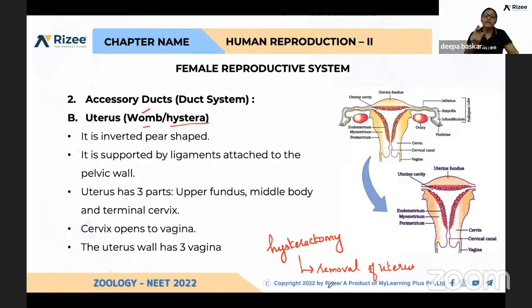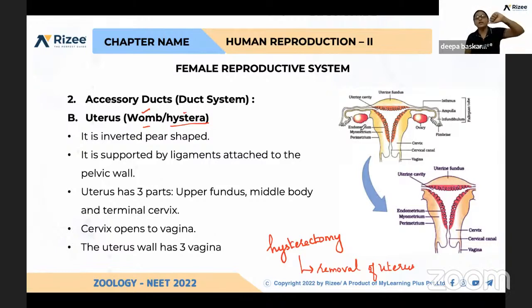Oophorectomy is removal of the ovaries and hysterectomy is removal of the uterus, because hystera is the medical term for uterus. It has three different parts. What is the shape of the uterus?